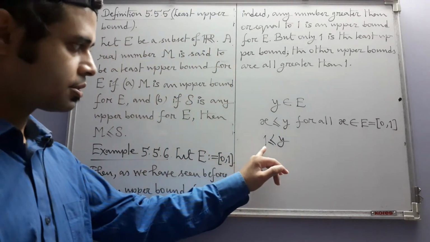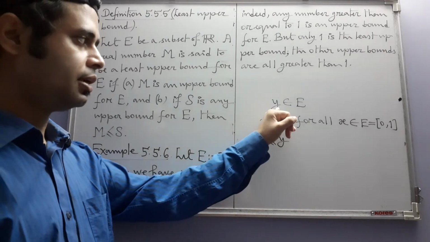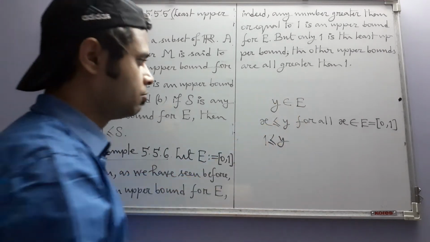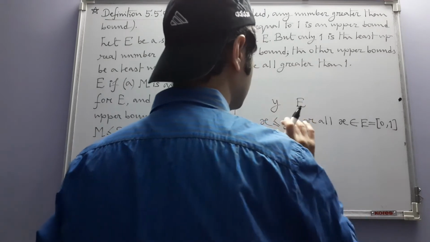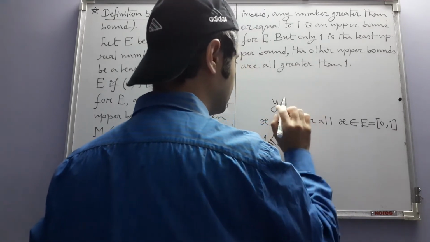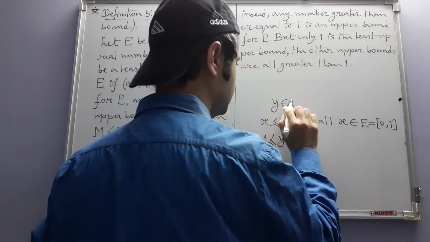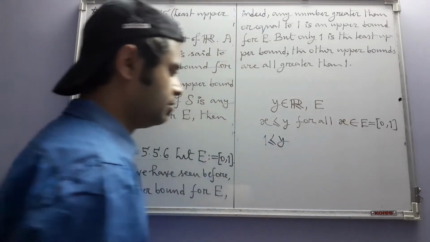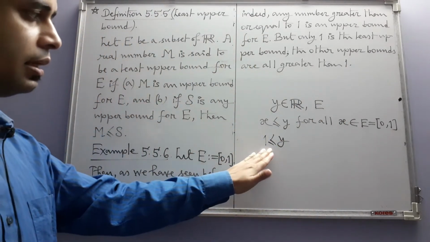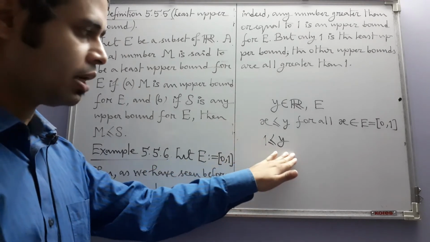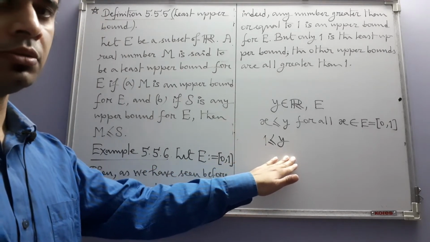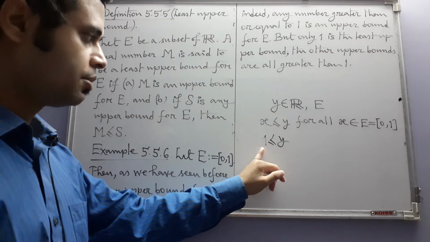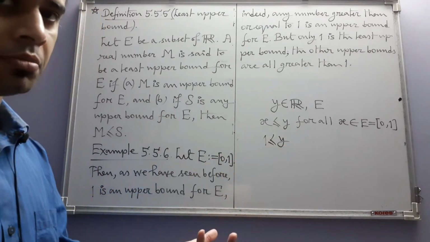So this shows that whenever Y is in R and Y is an upper bound for E, then it must be that 1 is less than or equal to Y, and hence 1 is a least upper bound.